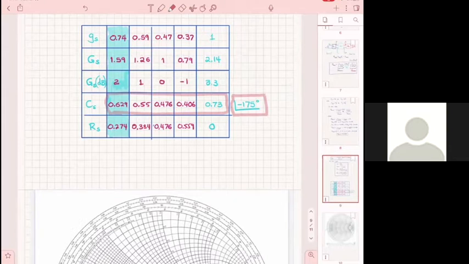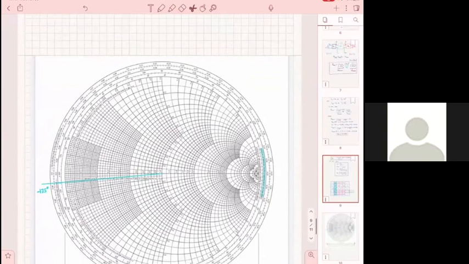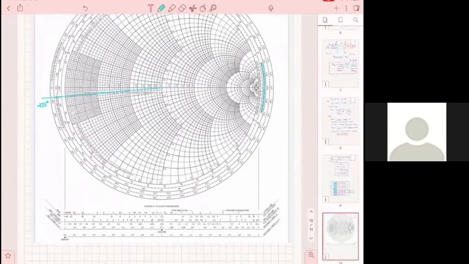So the center has a magnitude here of 0.629. How do I find 0.629? I go here on this scale that says reflection coefficient. You see that? I go to the one that says reflection coefficient.